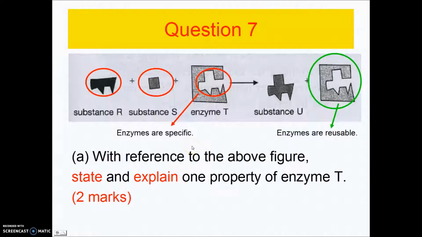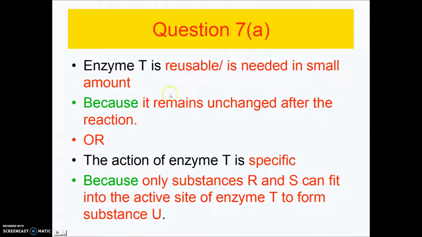But many students just state the property but miss another point, explain. You need to use the figure to explain why the enzymes are specific or why the enzymes are reusable. Let's see the answer. Probably you just need to copy one of the answers, just one pair.